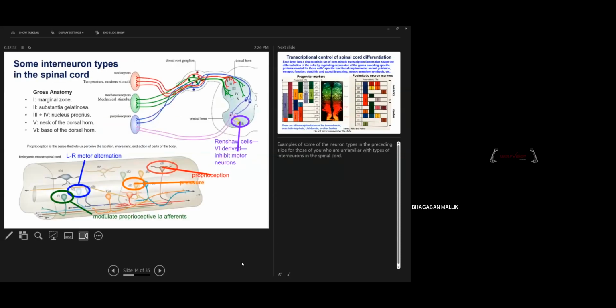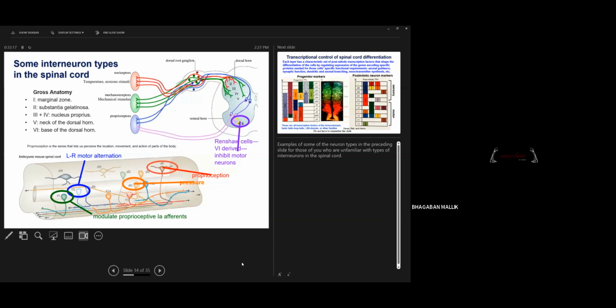Okay, so different neurons innervate different layers, which express different types of transcription factors. Here you have the interneurons that are innervating the different layers of the spinal cord. I have highlighted three types of neurons.